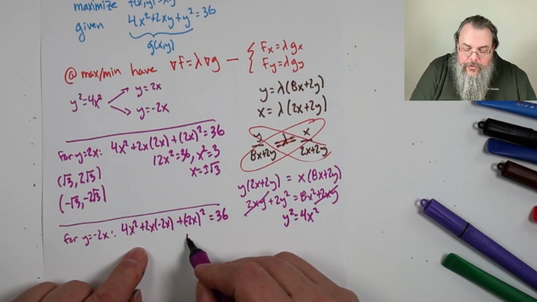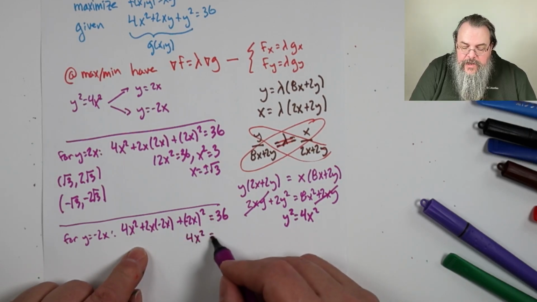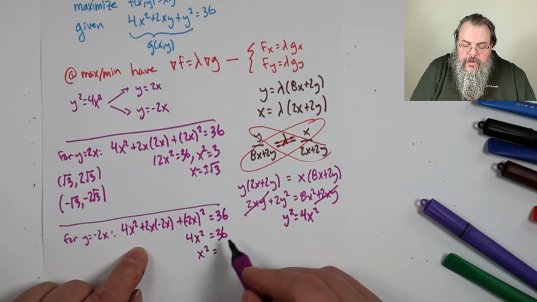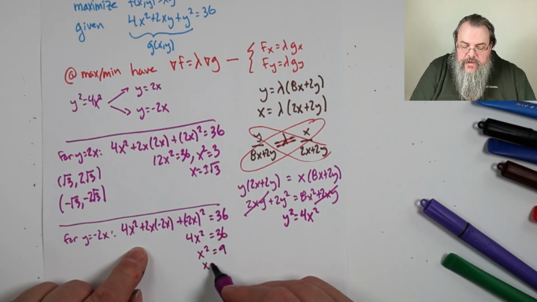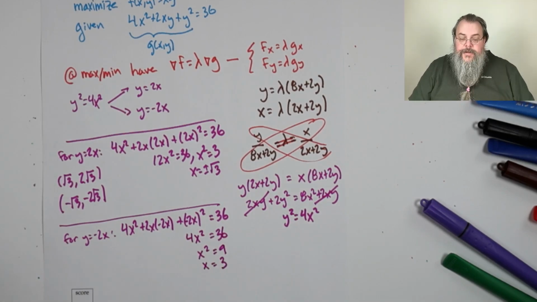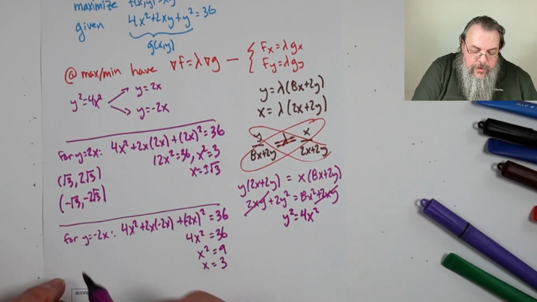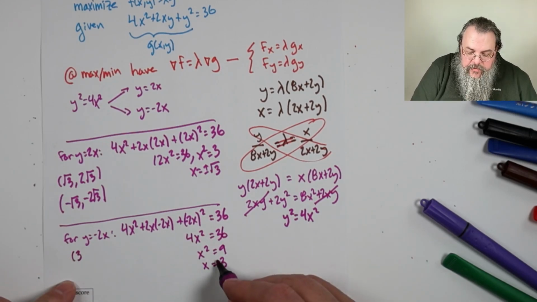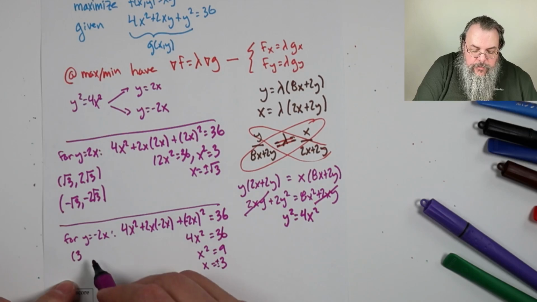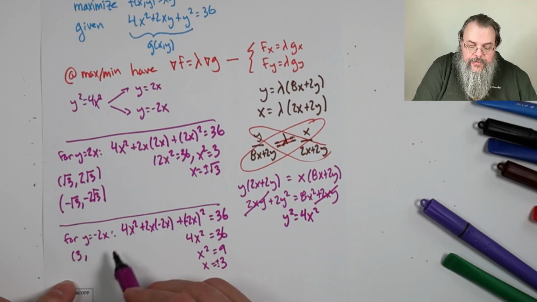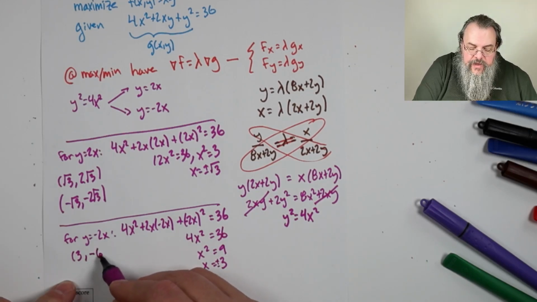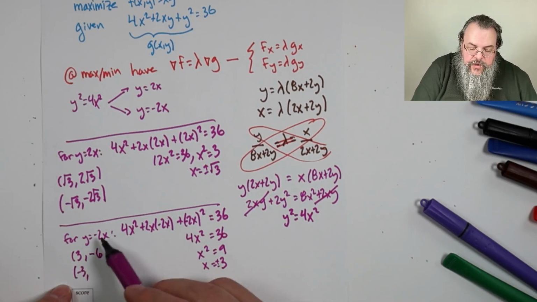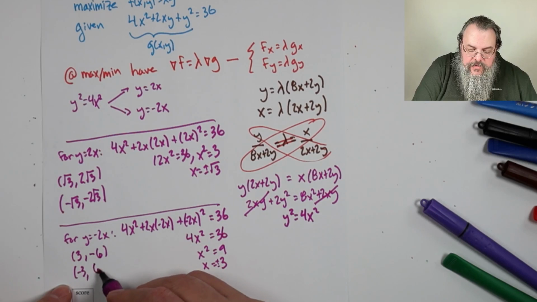So this becomes 4x squared equals 36, or x squared is equal to 9, which says x equals plus or minus 3. So where are these points? x equals 3, y is minus 2 times 3, so that makes minus 6. Or x equals negative 3, and then minus 2 times minus 3, positive 6.